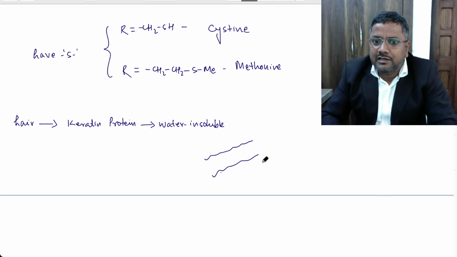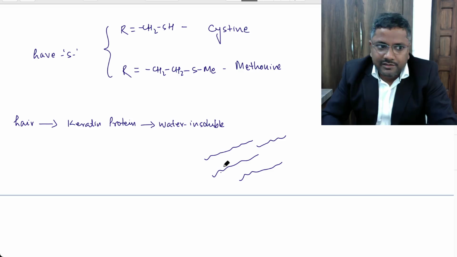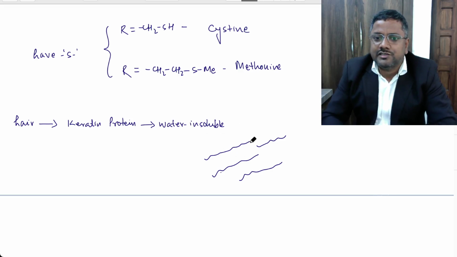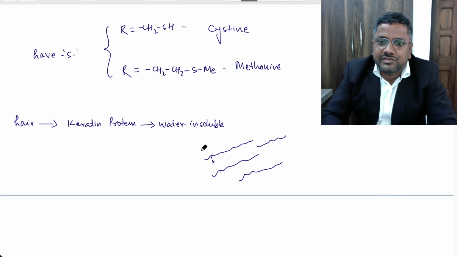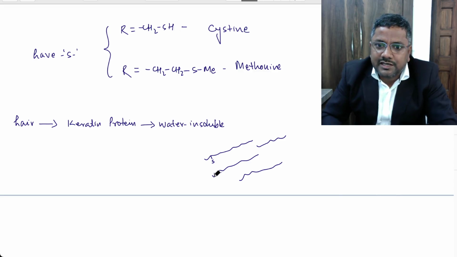So basically those who have curls in their hair, this cysteine and methionine amino acids are more abundant, and this sulfur is free, SH is free, so S and S disulfide linkage is there.